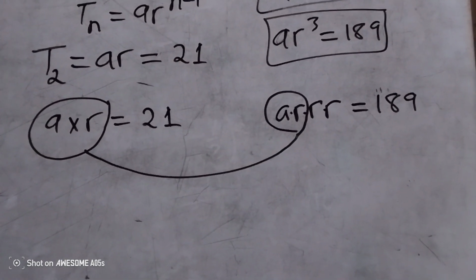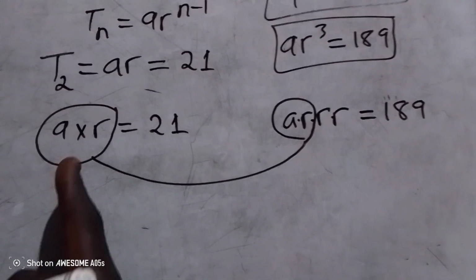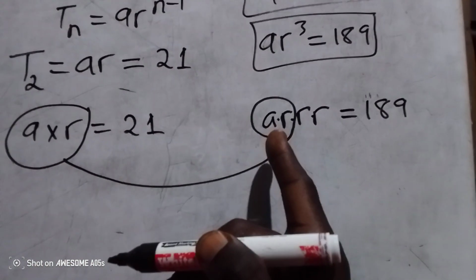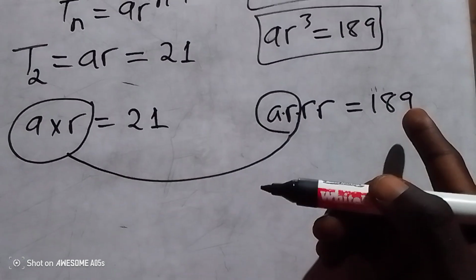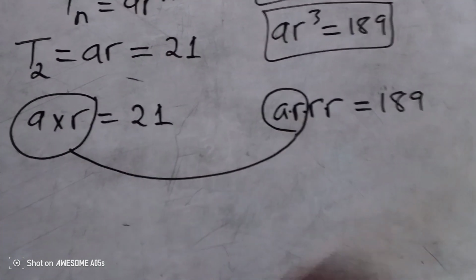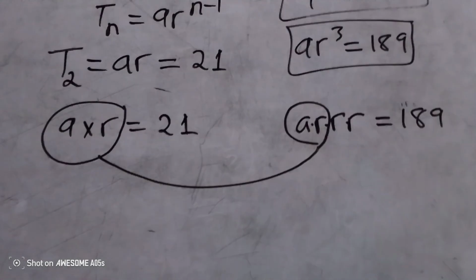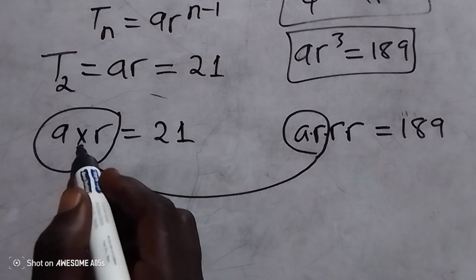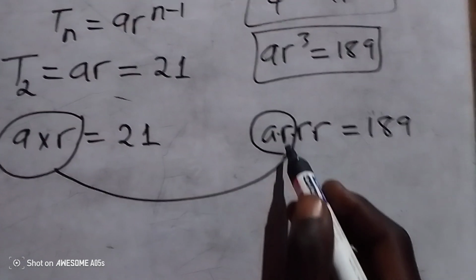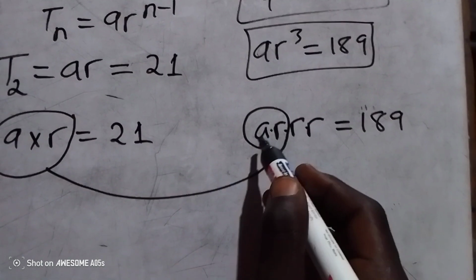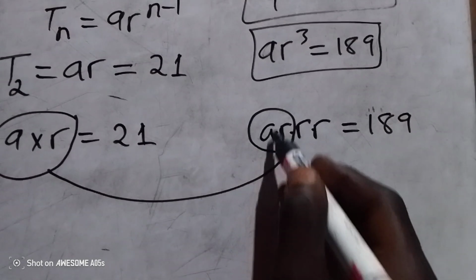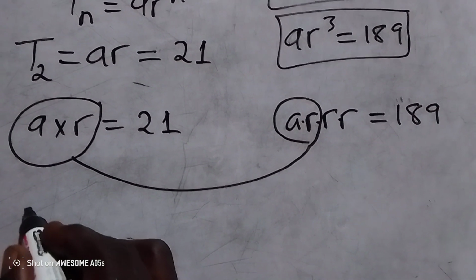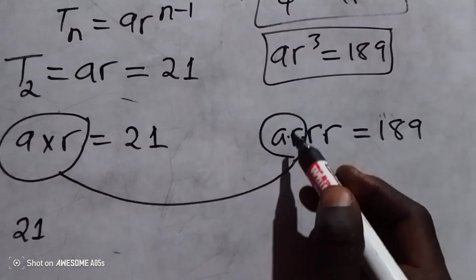So a times r can be replaced in a r cubed, which equals 189. Since a times r is 21, we can replace it with 21. Upon replacing with 21, we are getting rid of a.